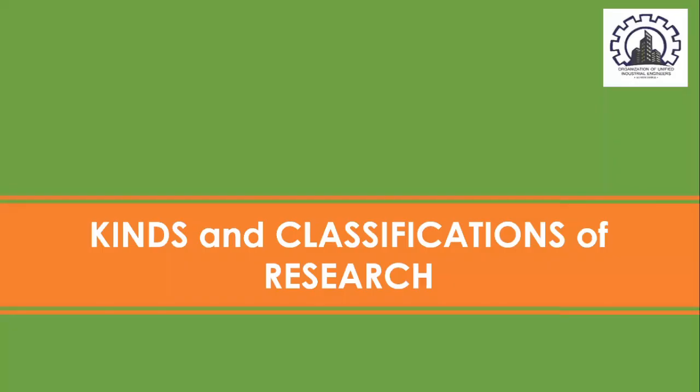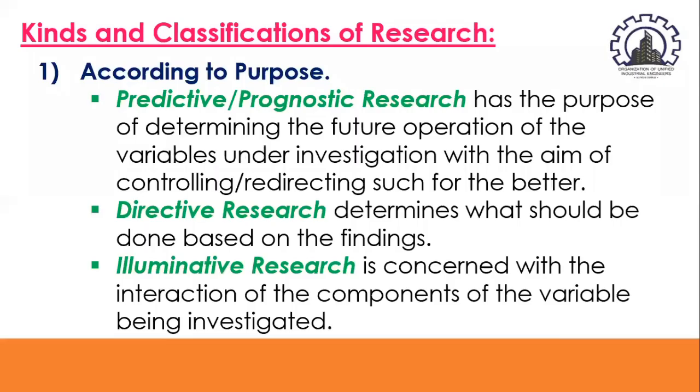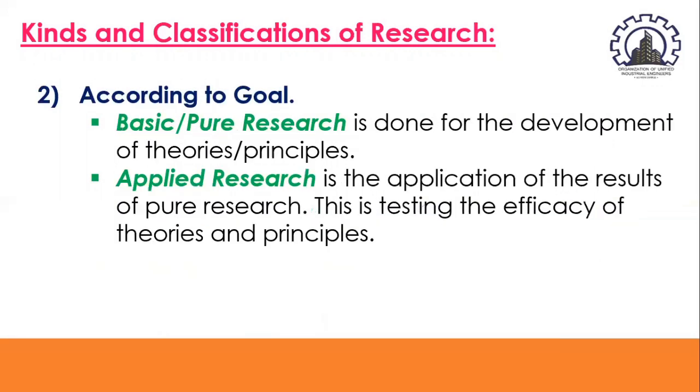Now, you have to take note as well that we have a couple kinds and classifications of research. Now, there are many kinds of research which are classified according to their distinctive features. Some of the classifications are, first, according to purpose. Second, according to goal.